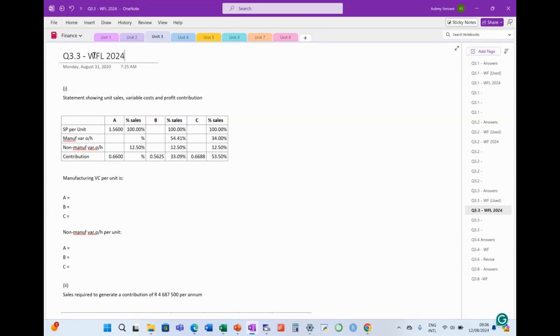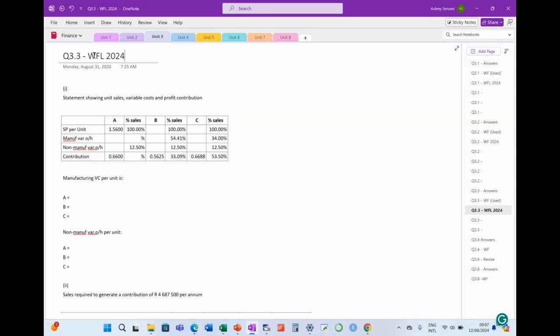You are provided with the following information. You've got sales, manufacturing overheads, then you've got your gross profit, then non-manufacturing overheads, net profit, and then the sales units per product. Okay? Then it says fixed manufacturing overheads are absorbed at a rate of 375 per unit.